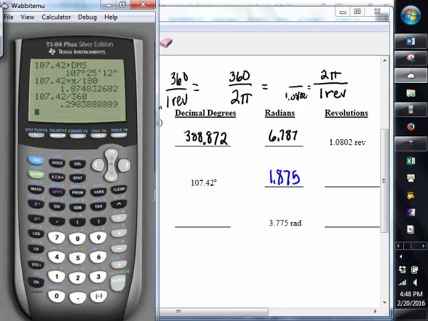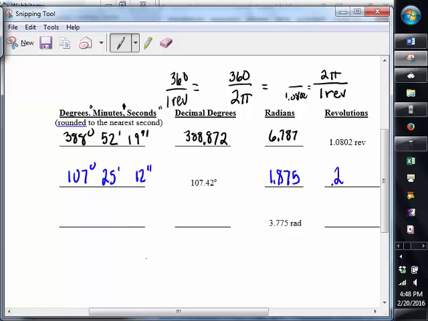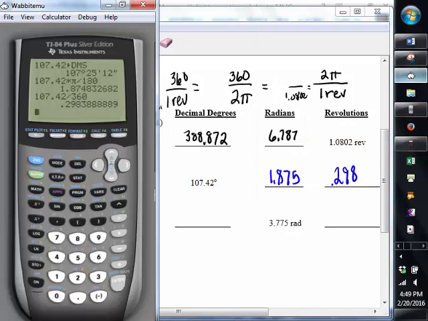revolutions. And then for the last one, I'm going to switch colors one more time, and we're going to convert from radians to each of the different measures. So radians to revolutions here. We're going to divide by 2 pi, 3.775 divided by, make sure you put in parentheses, 2 times pi.